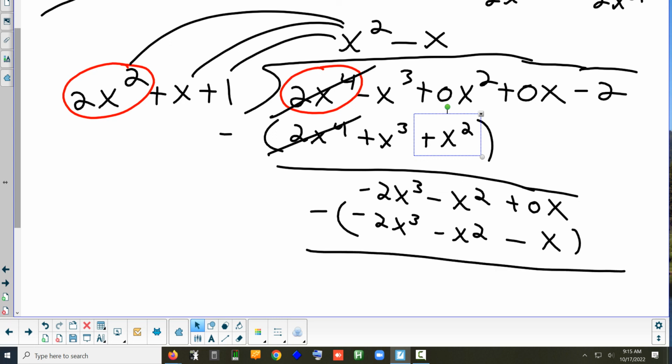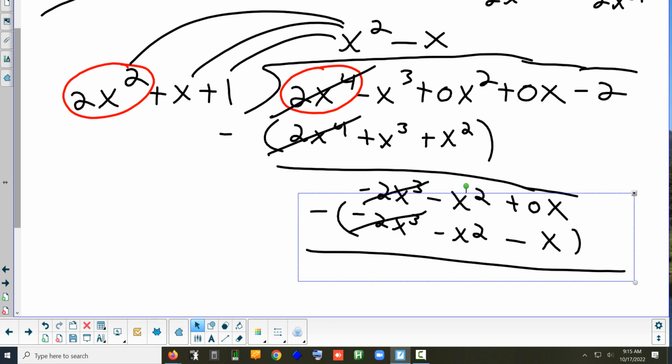Now, watch what happens when we subtract. What's negative 2x cubed minus negative 2x cubed? Yep. 0. What's negative x squared minus negative x squared? Yep. 0. In the last step, 0 minus negative x. That's positive x.